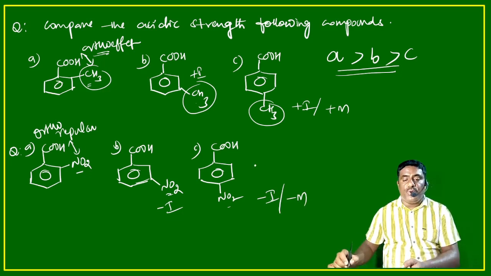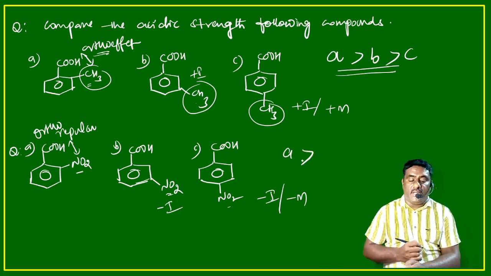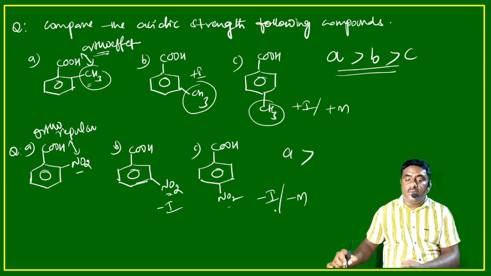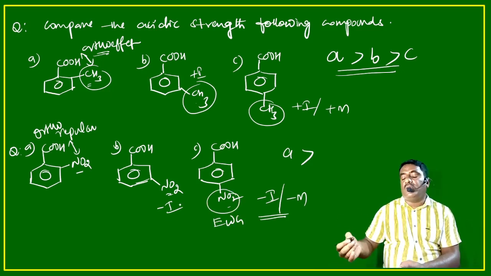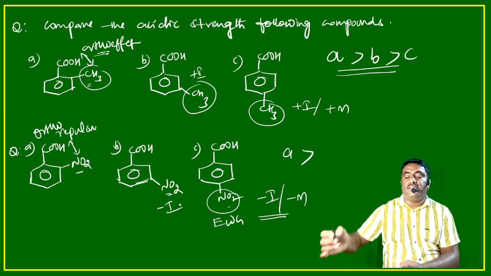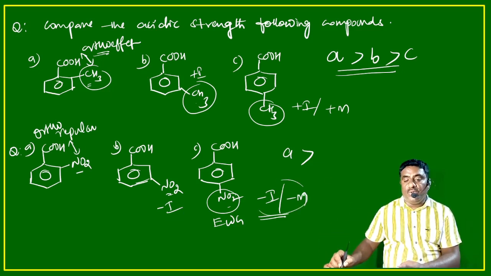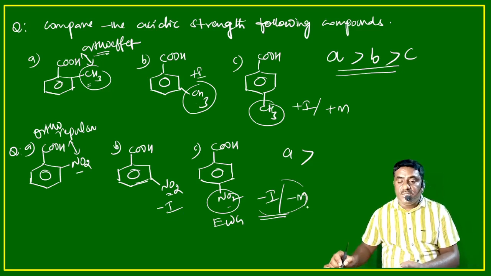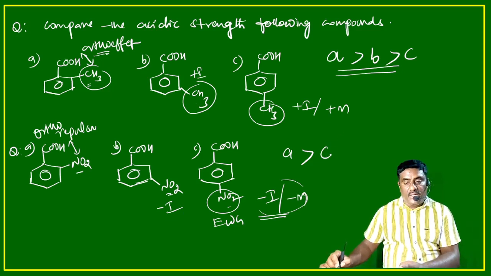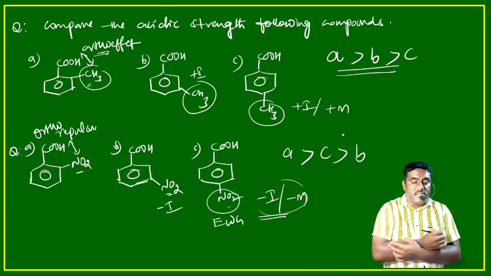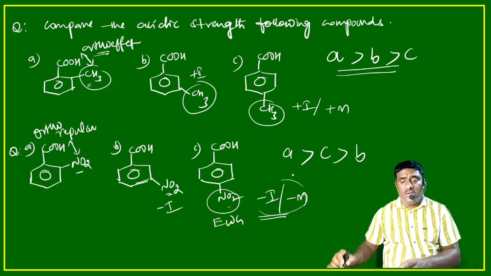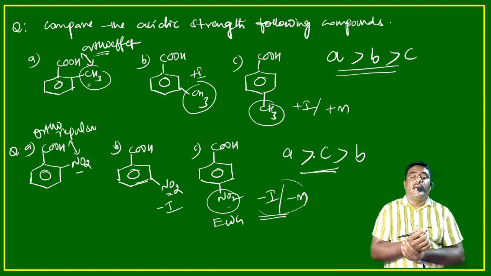Obviously A, the first one, is the highest. NO2 is an electron withdrawing group, so its acidic strength increases. The para compound has two effects, minus inductive and minus mesomeric, so C is greater than B. This is the order of acidic strength.